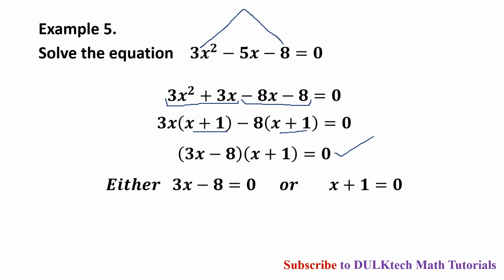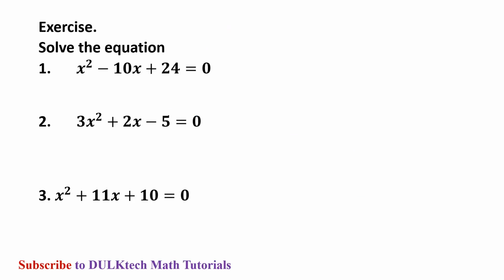We are taking minus 8 to the other side, then we divide by 3, we get 2 and 2/3. At the same time taking plus 1 to the other side to get minus 1. Right, so these are our answers. Right, now practice with these questions.